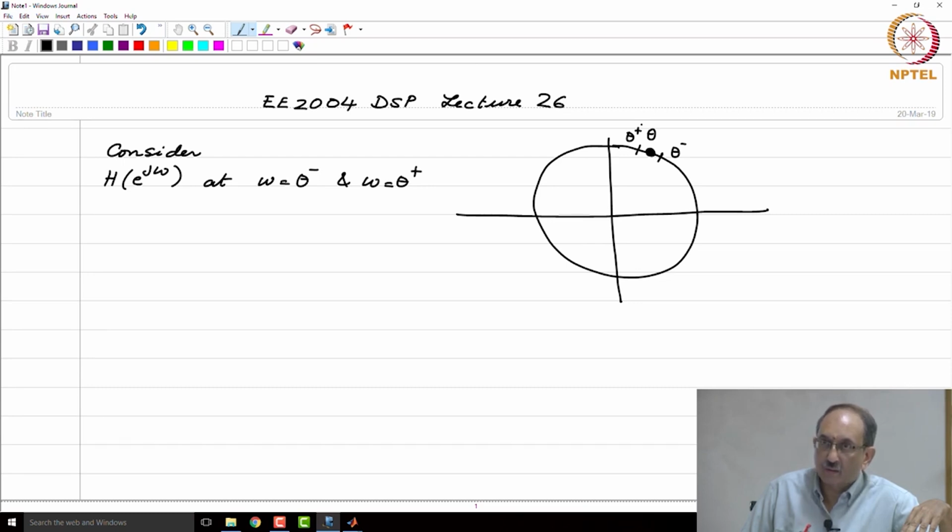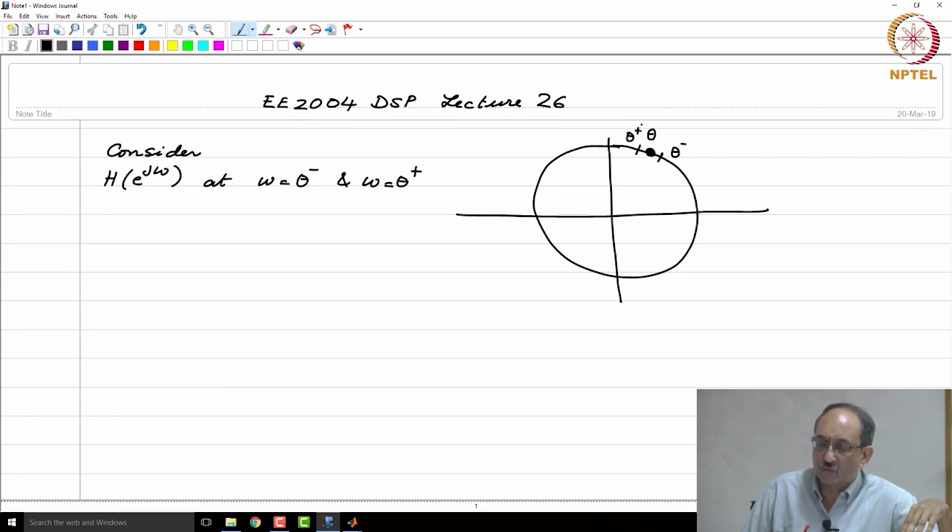When you compare the distances to all other zeros and poles, when you go from theta minus to theta plus, will the distances to all the other poles and zeros change much, or will there not be any change?